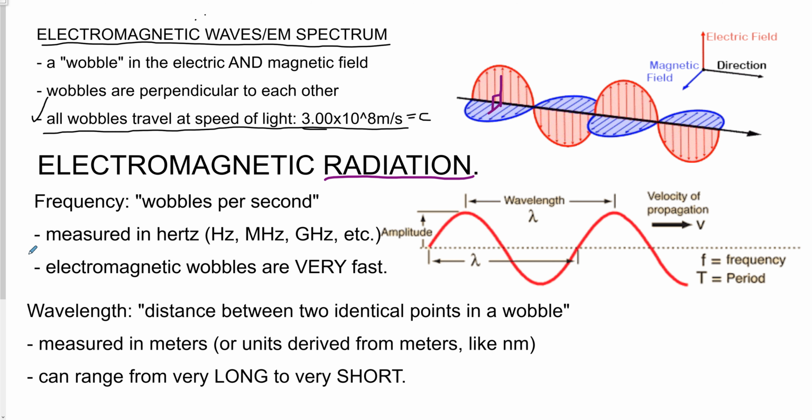So there are 3 things that we need to know about electromagnetic waves. First of all, we know the speed of all of these waves is the speed of light, little c. We also have another value called frequency. Frequency is how often the wobble happens.